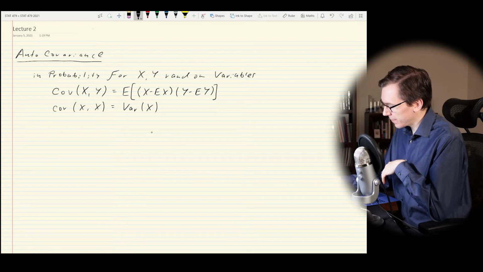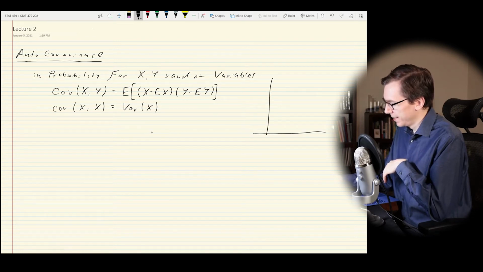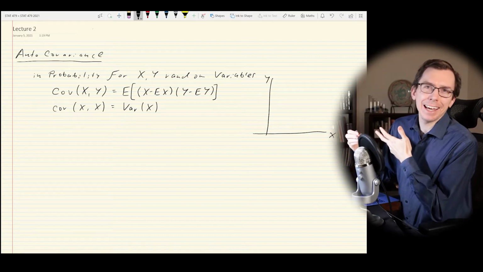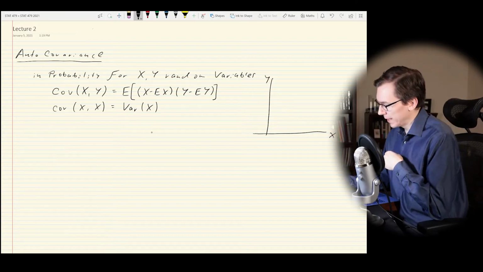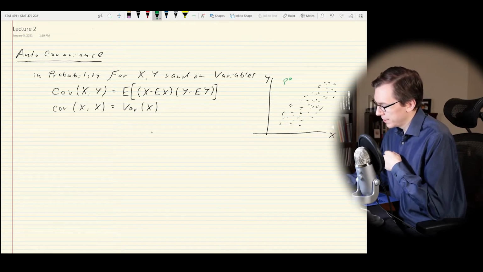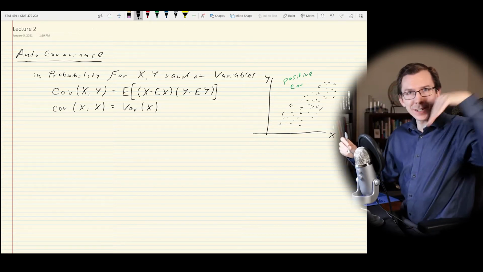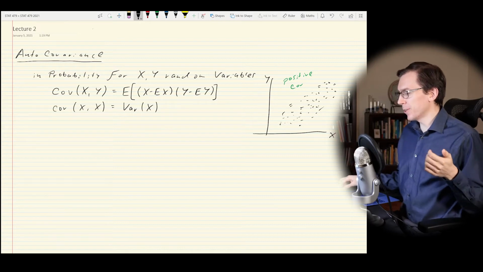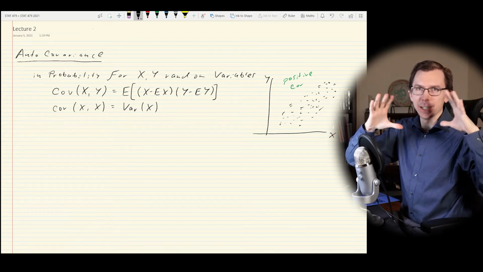So if we were to collect data x and y from my hypothetical example here, and if they had a positive correlation, or if the covariance were positive, or the correlation for that matter, which is just the normalized covariance, then we'd have something that looks like this, right? This would be positive covariance, and if it's negative, then it'll be sloping downward. If there's a zero covariance, then it's just going to look kind of circular.